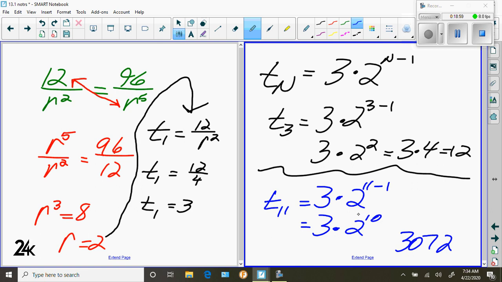Sure hope that's right. Surely it is. Yeah, the 11th term, 2 to the 10th. 2 to the 10th is a big number. Yeah, it's 1,024. And then you're going to multiply it by the first term, 3. Boom. Okay? So, that's what I wanted to go through with y'all.